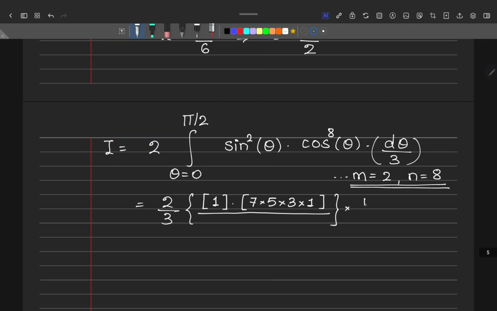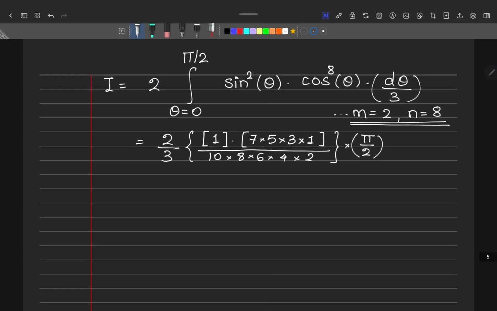Since m and n are even, we take pi by 2 after the bracket. In the denominator, we take m plus n, then m plus n minus 2.